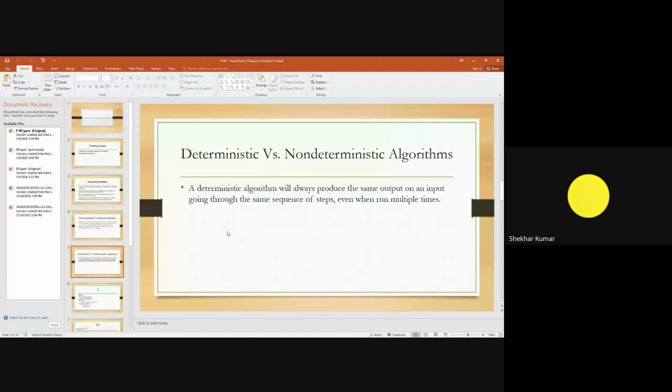And it cannot solve the problem in polynomial time, because the output is random. It is not possible to solve a non-deterministic algorithm in polynomial time.